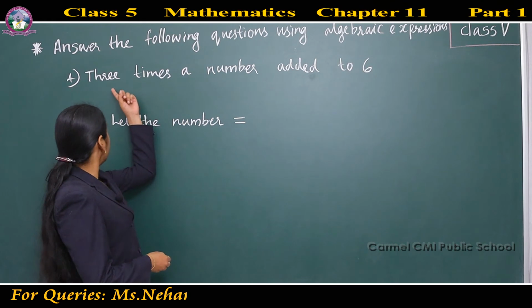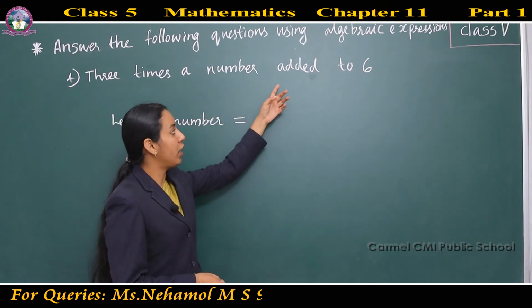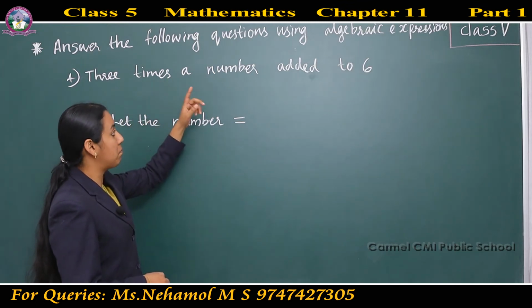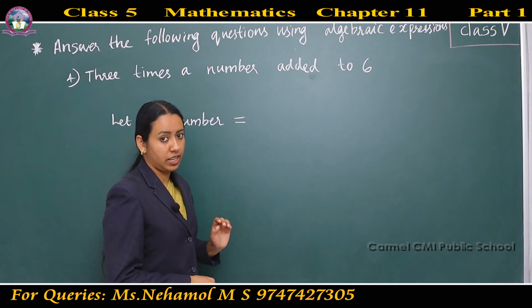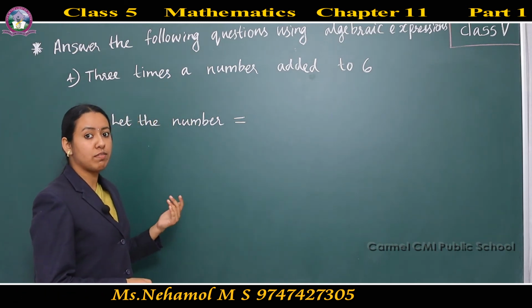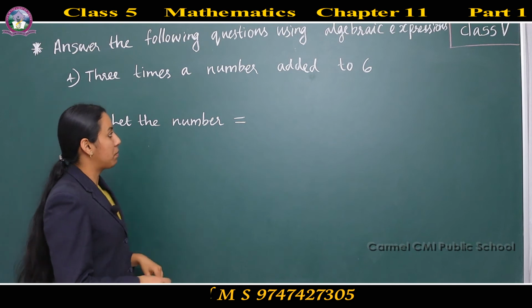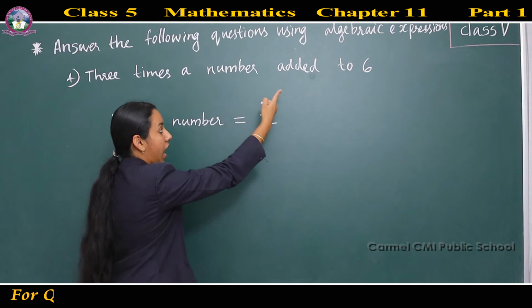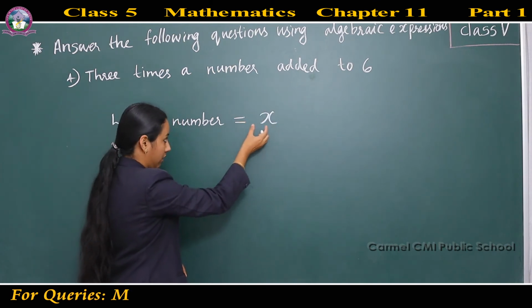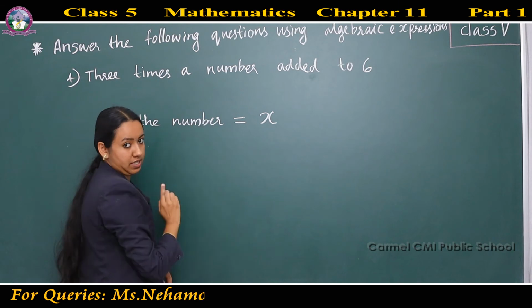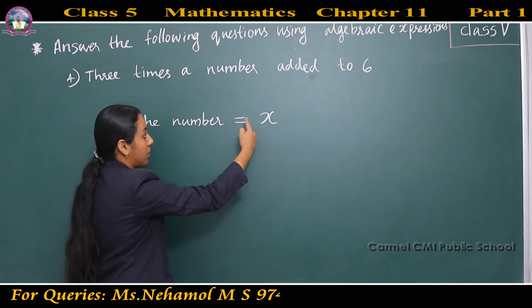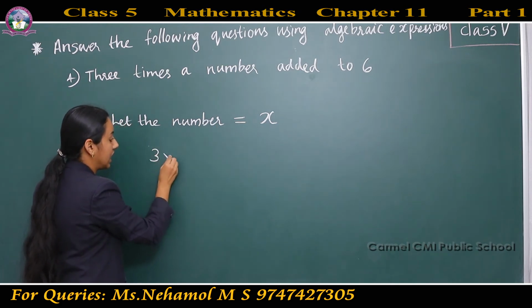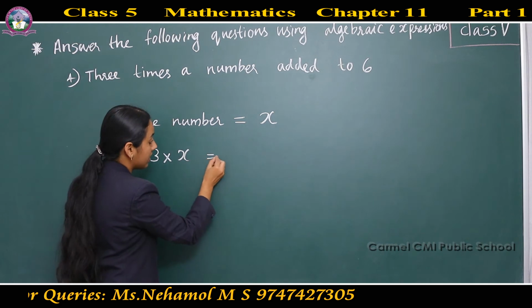Next one, 3 times a number added to 6. The given statement is 3 times a number added to 6. Here the variable is not mentioned, so we can take any alphabet. Let the number be X. So, we consider our number as X. 3 times of this number added to 6. 3 times of X means 3 into X, that is 3X.